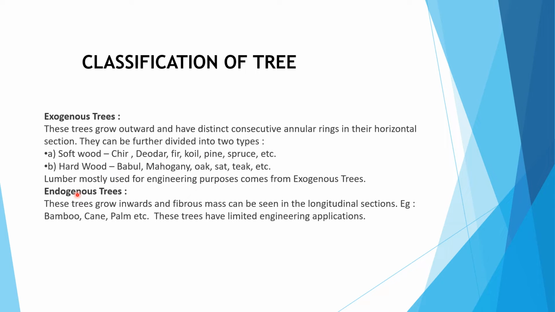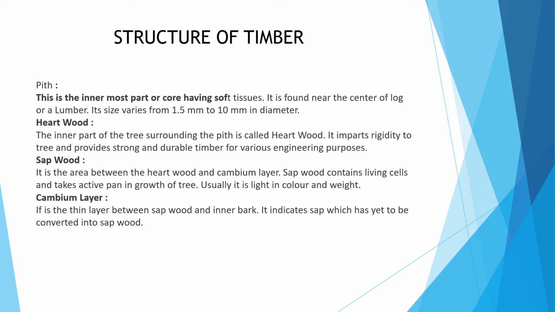Lumber most used for engineering purposes comes from exogenous trees. What are endogenous trees? These trees grow inward and fiber mass can be seen in the longitudinal section. Examples: bamboo, cane, palm, etc.